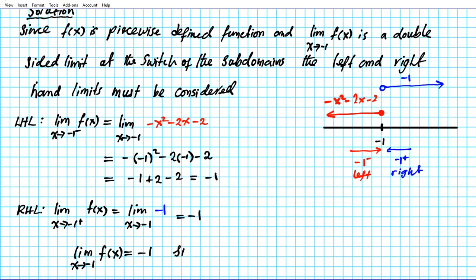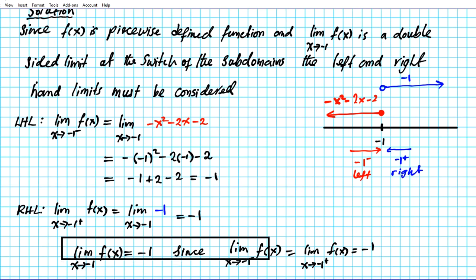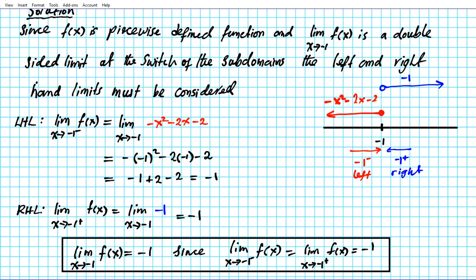Okay, this is since the left-hand limit was equal to the right-hand limit, and it was equal to -1. Alright, so that's the reason why we're able to arrive at the conclusion that the double-sided limit is equal to -1.